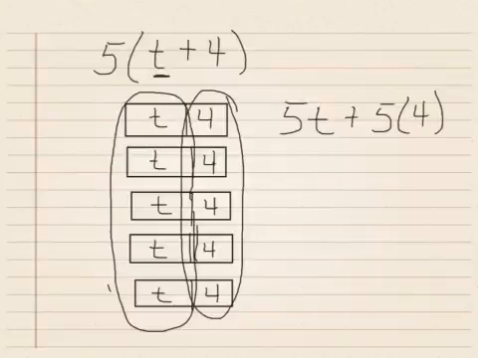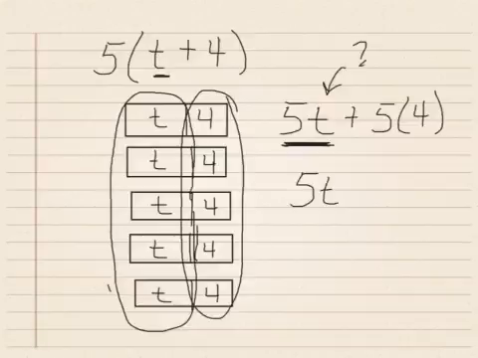Looking at 5 groups of T, we can't simplify that any further until we know the actual value of T. Since we don't know what it is, we can just leave it as 5 groups of T plus, now we can simplify 5 groups of 4, which is 20. Let's say the tickets were $5 each.